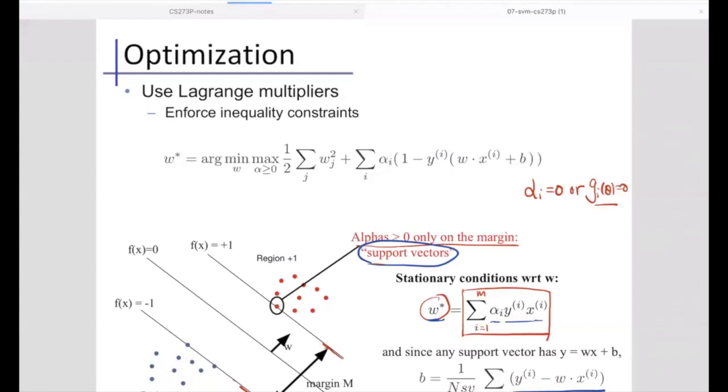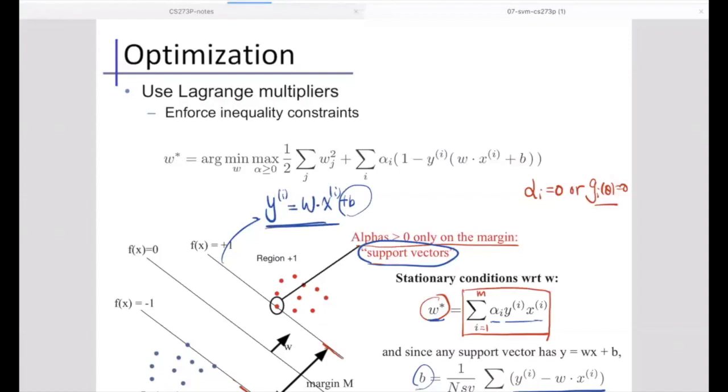Because these data points are on the margin, you have to satisfy the condition that w dot x_i plus b is equal to y_i exactly for those data points. As a result, b can be calculated by verifying the difference between them. That's what's calculated here.